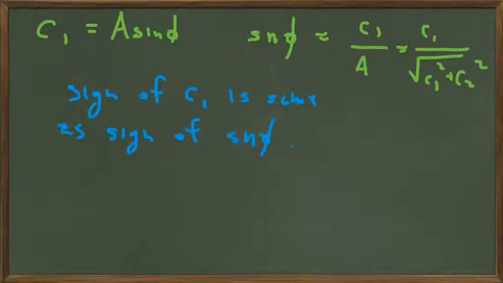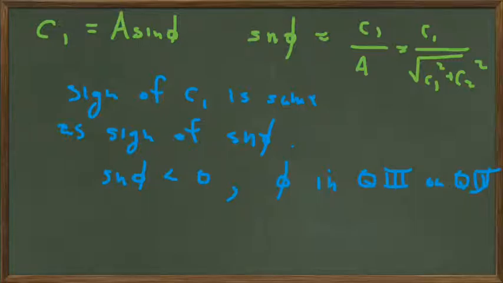So if sine of phi is negative, then the angle phi must be in either quadrant 3 or quadrant 4, because the sine is negative when the angle is in quadrant 3 or 4.